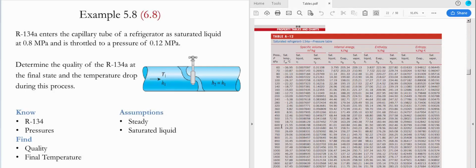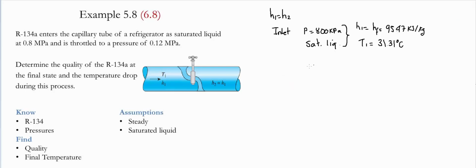In table A12, we go to the pressure of 800 kilopascals, and we go to the value of HF, which is the saturated liquid value, and we get 95.48 kilojoules per kilogram. We also find that at that particular pressure, the temperature is equal to 31.31 Celsius.